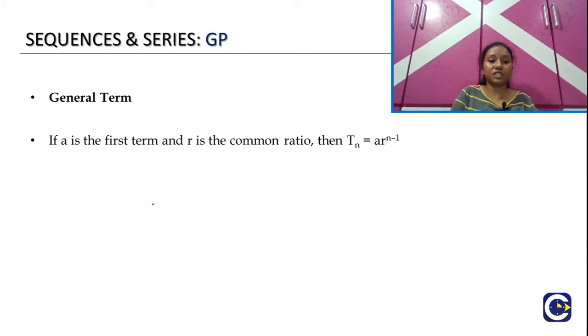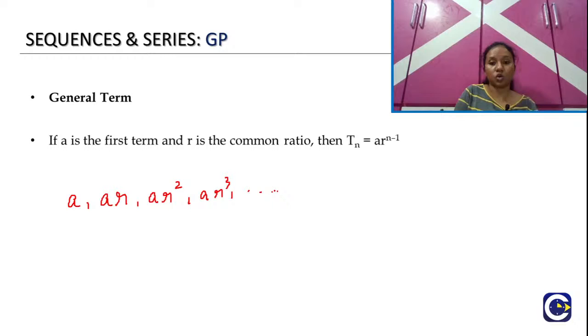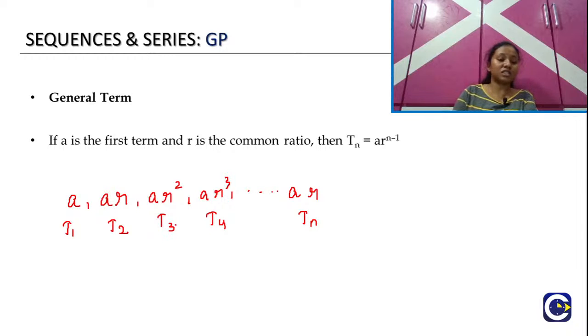Now as we have seen our standard form of the geometric progression, that is A, AR, AR square, AR cube and so on, our last term will be A into R power something. This is my first term T1, this is the second term T2, the third term T3, T4, and this will be my nth term. If we compare the power, that is the index, with the term number, the power is one less than the term number, so it should be n minus 1.